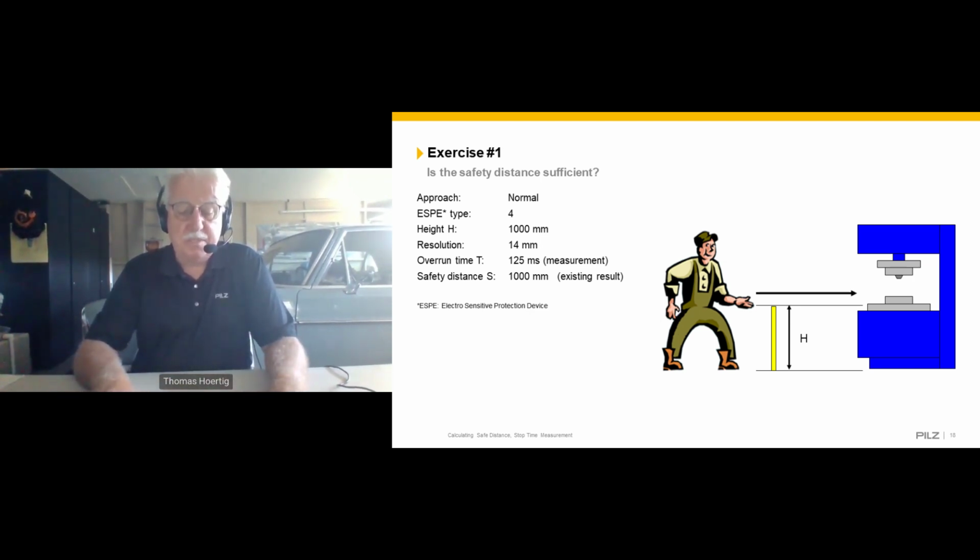ESPE stands for electro-sensitive protective equipment. The height is 1,000 millimeters. We have a resolution of our PSD device of 14 millimeters. There was an overall time measured of 125 milliseconds. And the existing distance is 1,000 millimeters. And now we want to make sure, is this sufficient?